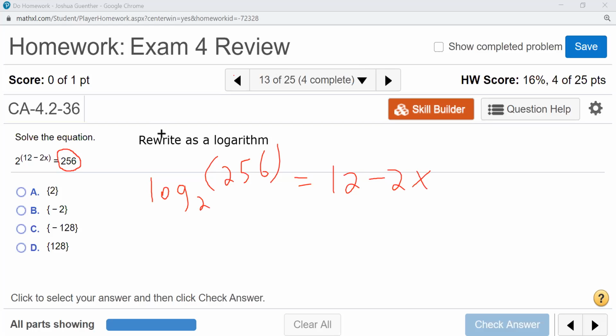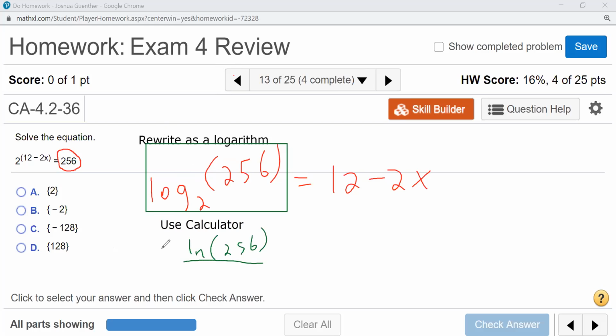We can actually use our calculators to evaluate that. You can use the change of base formula and just tell yourself that's the ln of 256 divided by the ln of 2.